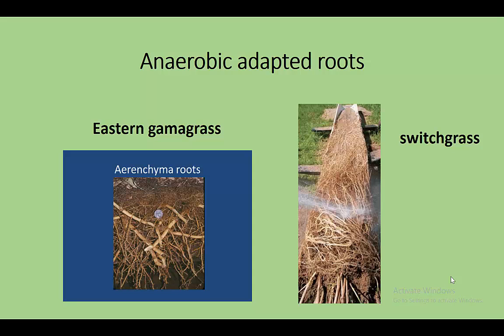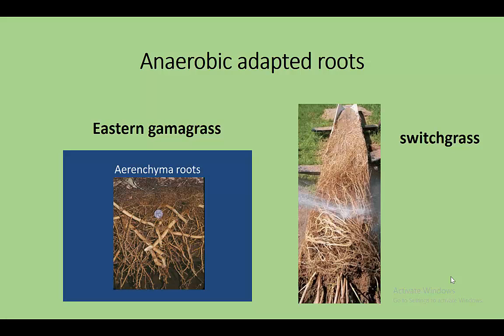What allows these species, these native grasses in particular, to be adapted to wetter conditions is the development of what we call aerenchyma roots. These aerenchyma roots are straw-like. They're very thick roots with air spaces and allow for oxygen exchange under saturated conditions. Many of the native grasses, particularly the prairie cordgrass, the switchgrass, and the eastern gamagrass, were the three that we tested, have shown a high degree of aerenchyma root development.